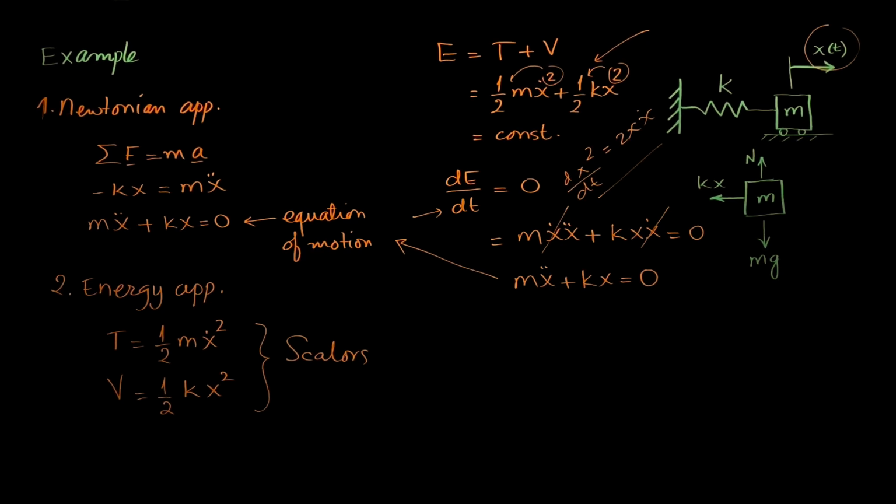I do not have any vectors, nor do I have any signs. And the nice thing also is that everything is squared. So if you assume by mistake a variable to be negative where it's positive, it does not matter because you are squaring it anyway.